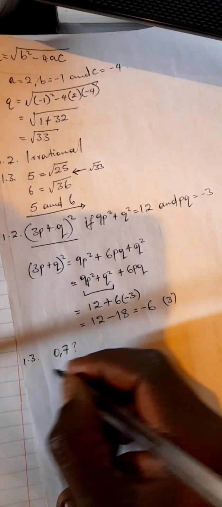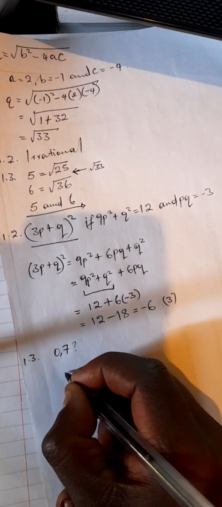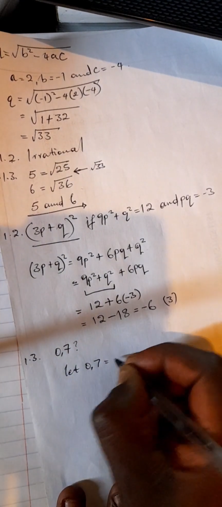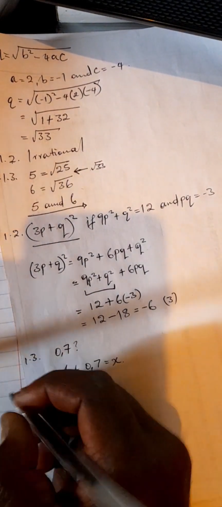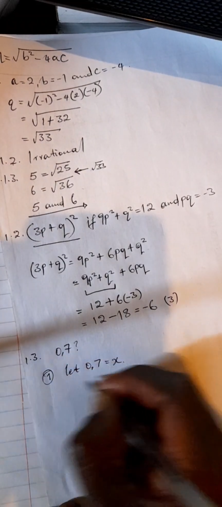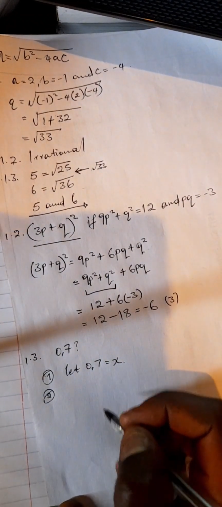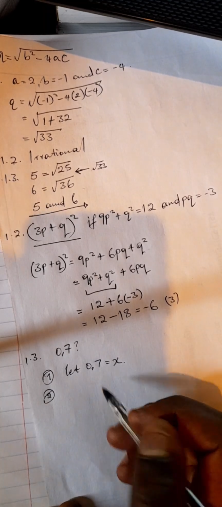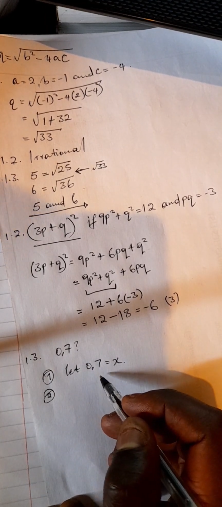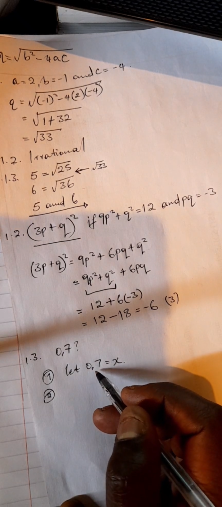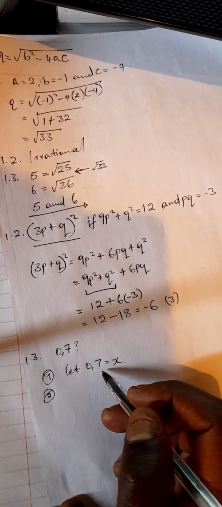Okay, so first step, let's say you let 0.7 be x, right? That's your first step. Second step, to make it a whole number, you just have to multiply it by 10, right?